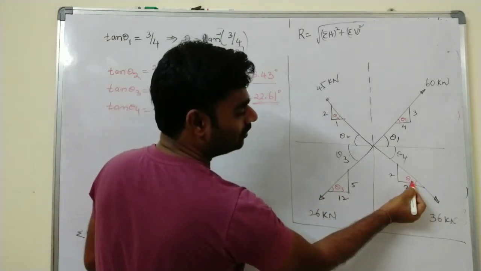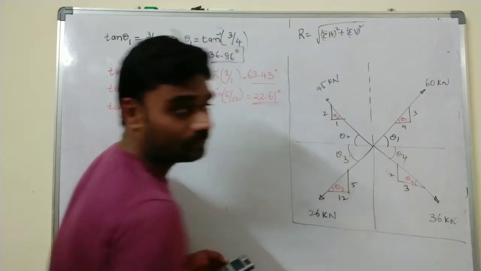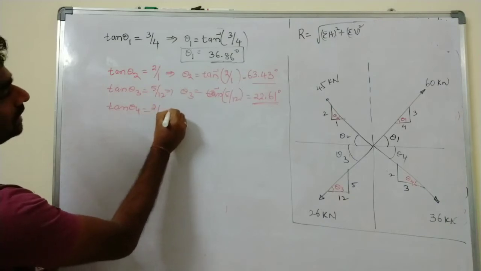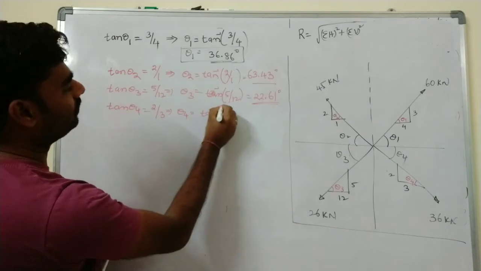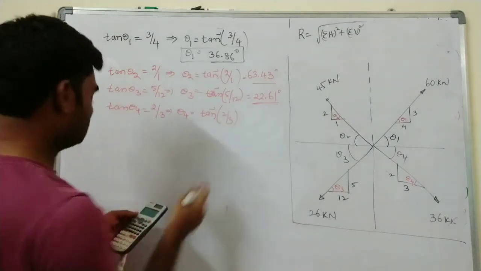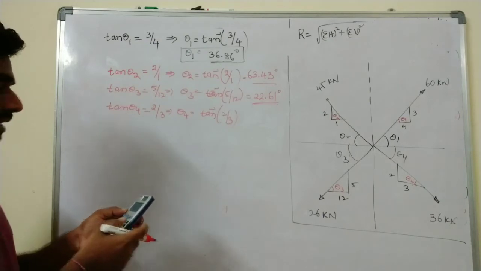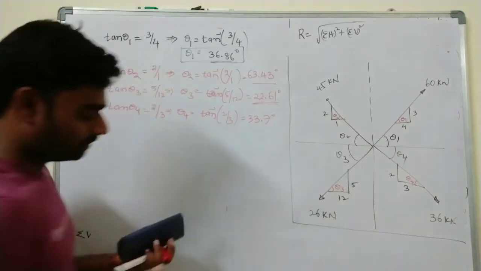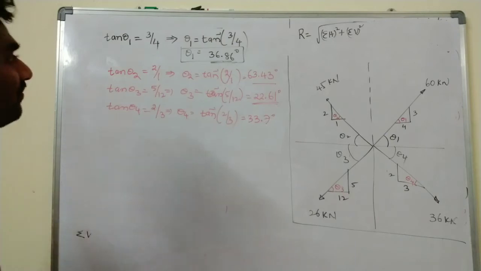This is theta 4, and tan theta means opposite by adjacent. Then tan theta 4 equals 2 by 3, so theta 4 equals tan inverse of 2 by 3, which is 33.7 degrees. So these are the values of theta 1, theta 2, theta 3 and theta 4.